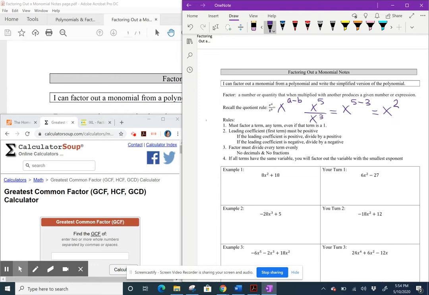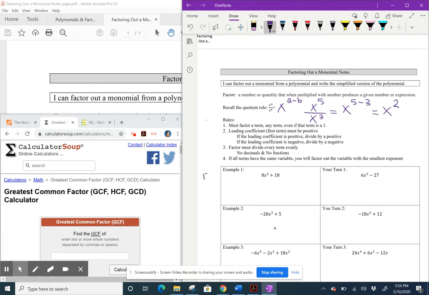So in example 1, we have a binomial. We have 8x squared plus 18. So factoring means that we are going to find the factors of the number first.